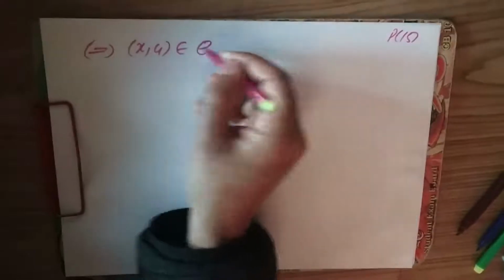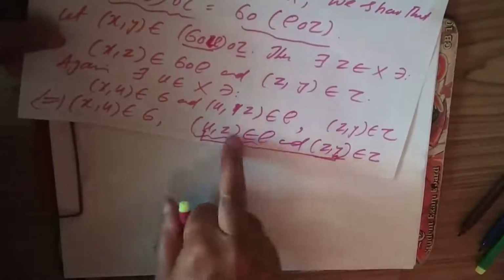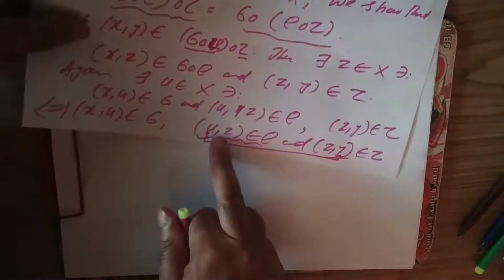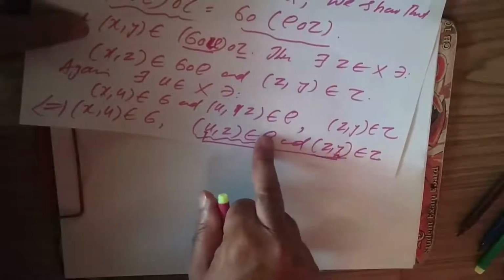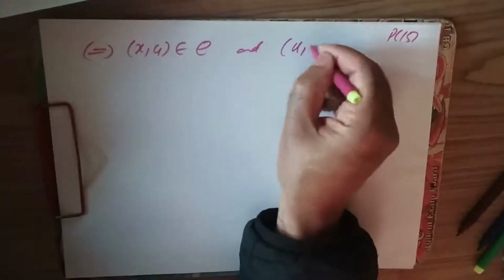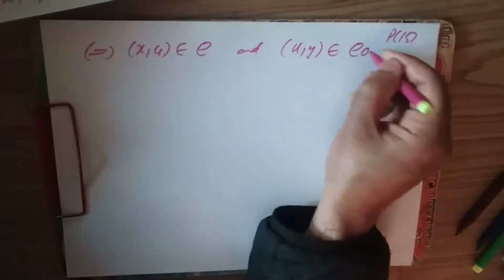So this is true if and only if (x, u) belongs to sigma and, by means of the definition of the composition, (u, y) belongs to rho composition tau.